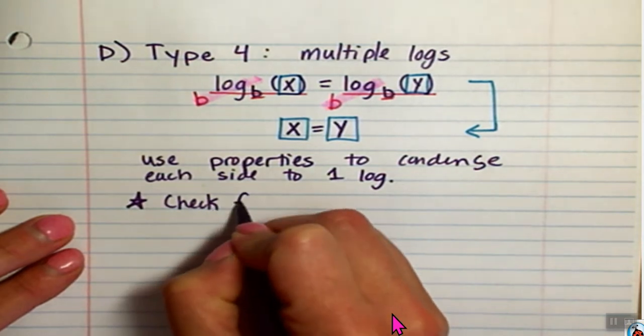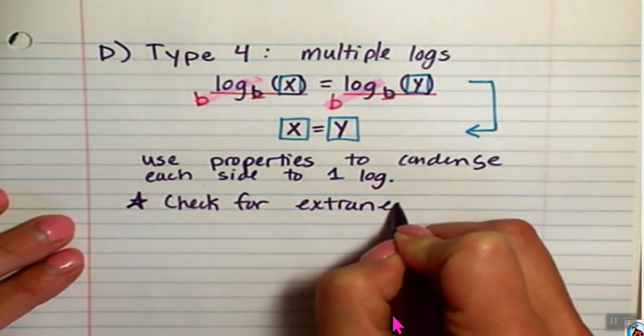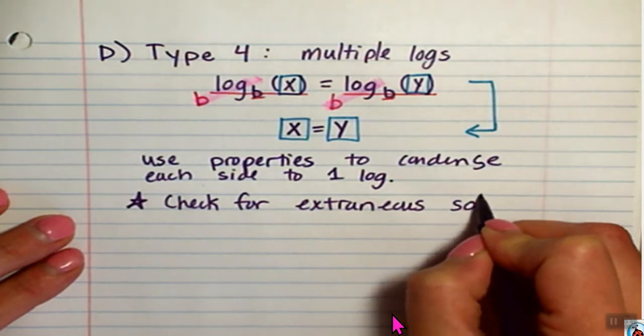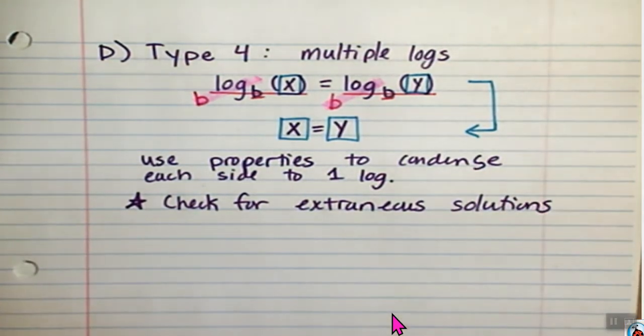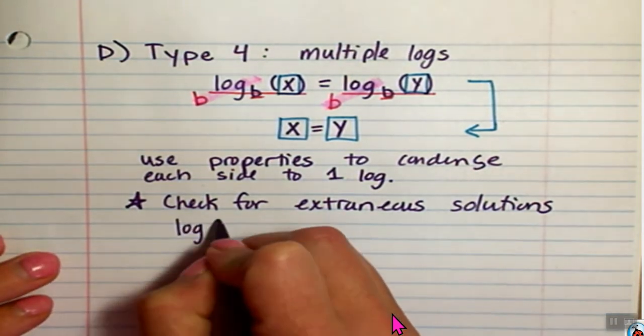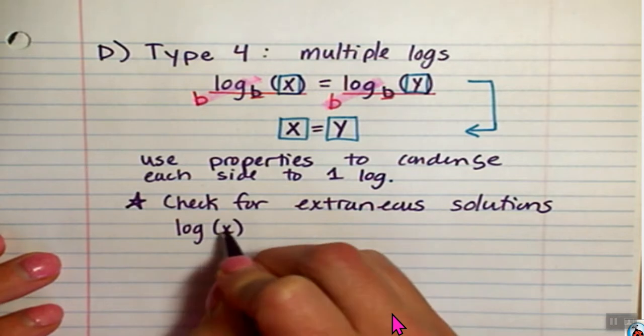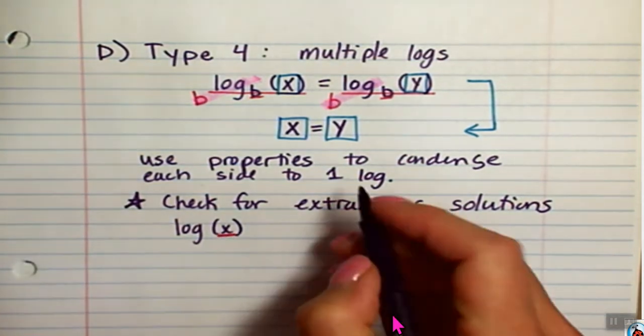Check for extraneous solutions. You say, gosh, Miss T, we've gotten to 3 types of equations. Why haven't we checked for extraneous before? Okay, so log of x has a restriction. See this?